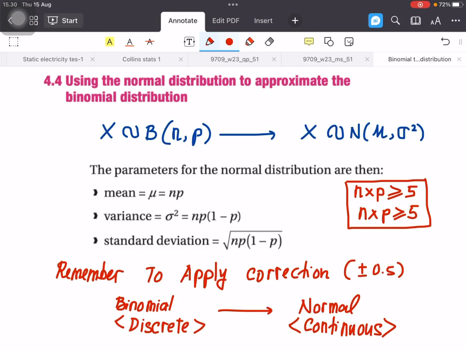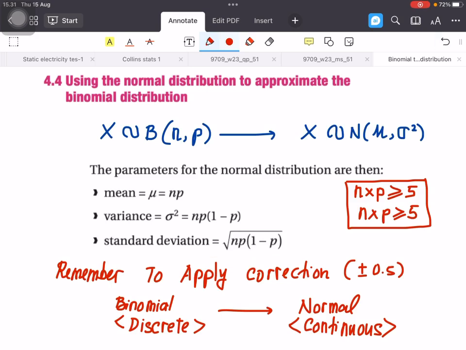And then the variance, we have also studied before that the variance in binomial distribution can be found using n times p times (1 minus p). 1 minus p is the same as q, while the standard deviation is the square root of variance.